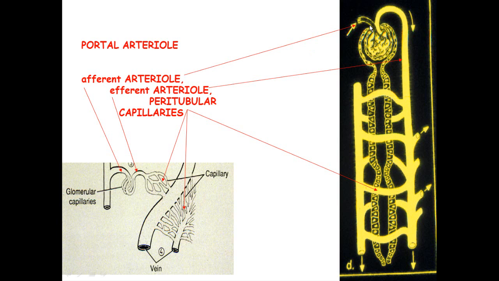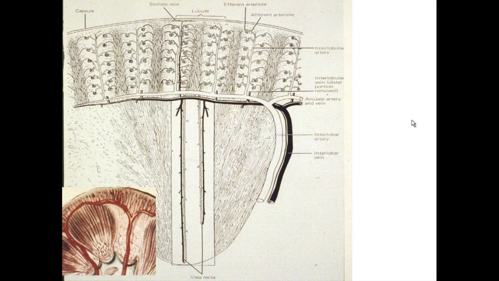It doesn't look that way here, but it is. There's the first capillary network, and then the second capillary network is around the tubules to reabsorb the fluid. So fluid comes in, goes in through there, and is reabsorbed immediately. That's how you reabsorb 180 liters of fluid a day.